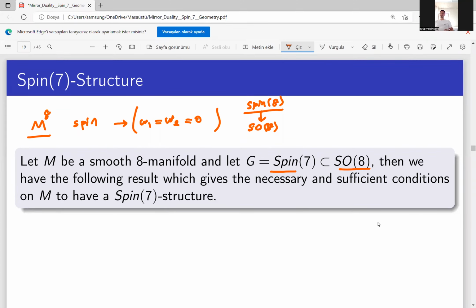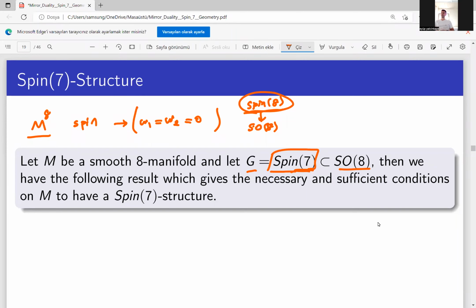If you can reduce your structural group to Spin(7), shrink your group into a smaller group, we can say that M has the Spin(7) structure. Okay, this structure is more powerful than the Spin(8) structure. At first, M8 has to be spin, then we will check.